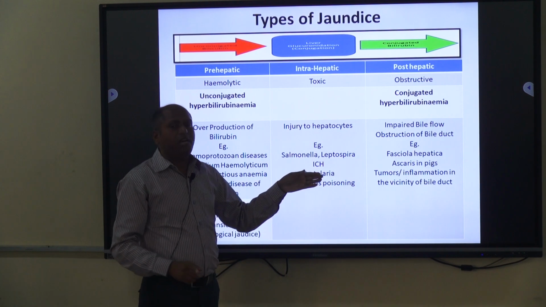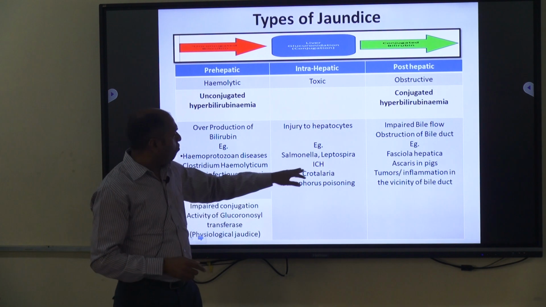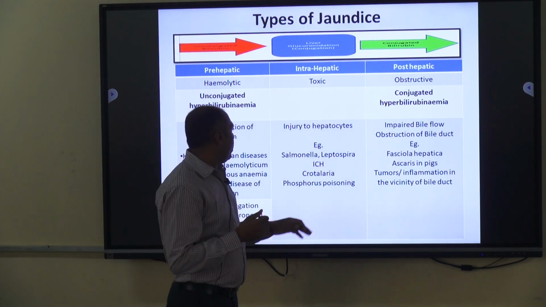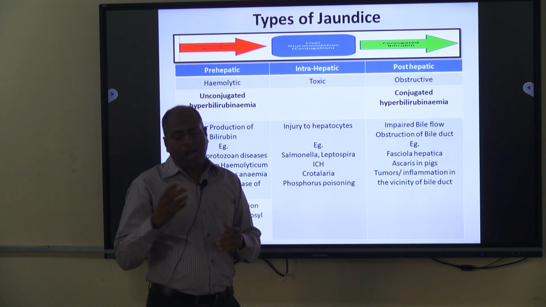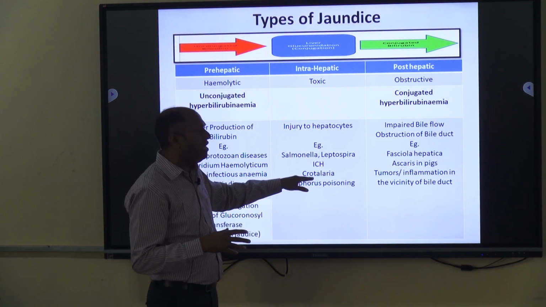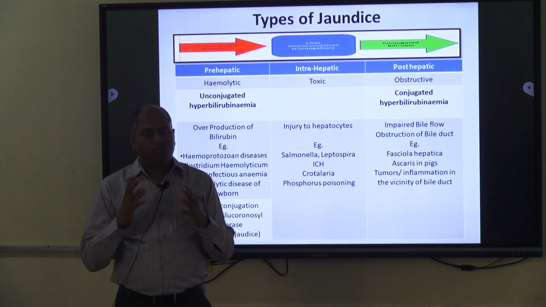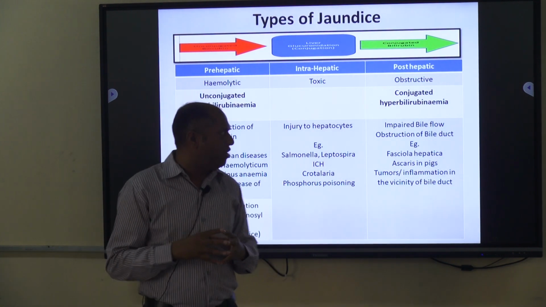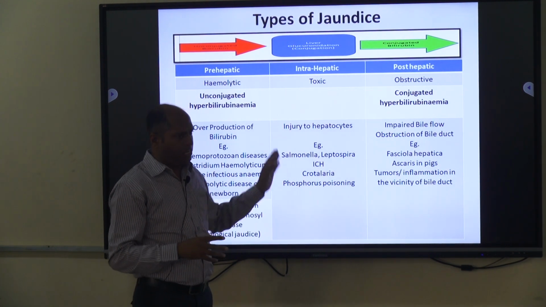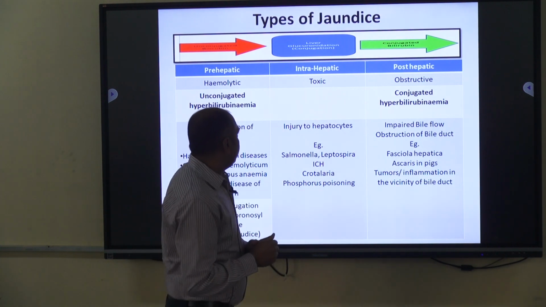Two important bacteria in veterinary practice are Salmonella and Leptospira, and one virus is infectious canine hepatitis, which is caused by adenovirus. One important plant toxin, the Crotalaria plant, can also damage hepatocytes or liver cells. Another is phosphorus poisoning, which can also damage the liver. Whenever there is damage to the liver, conjugation will not take place, and there will be an increase in bilirubin, and we call it jaundice.